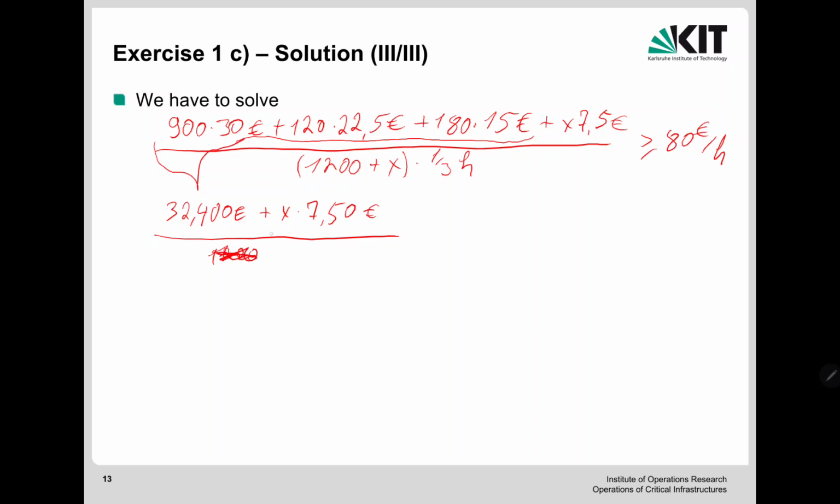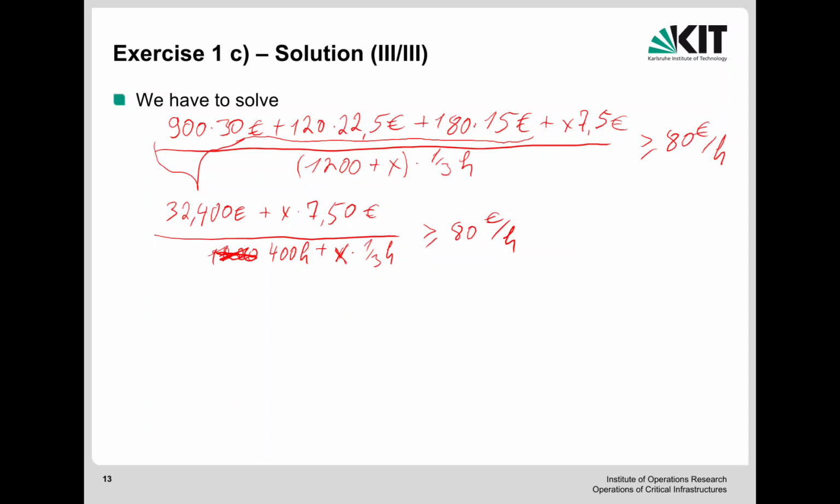Maybe this is then easier already. So we have 400 hours plus X multiplied by 1/3 of the hour. And this has to exceed 80 euros per hour. Okay, then the next step.